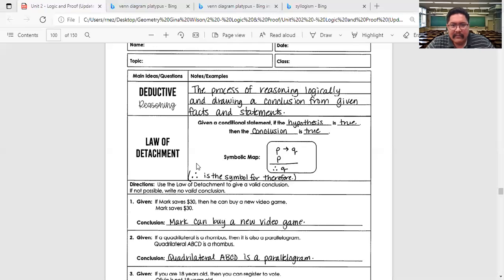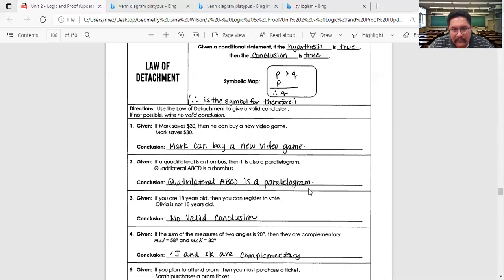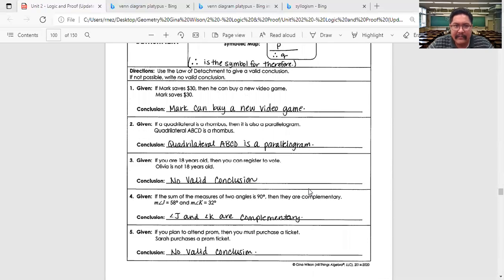And we have that weird symbol for therefore. Actually, this is the first time I'm seeing it too. I haven't taught geometry in a long time, and geometry has changed a little bit since the last time I taught it. So there are things I may or may not know, or things that are a little different.